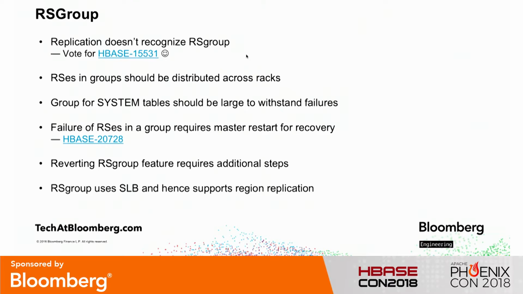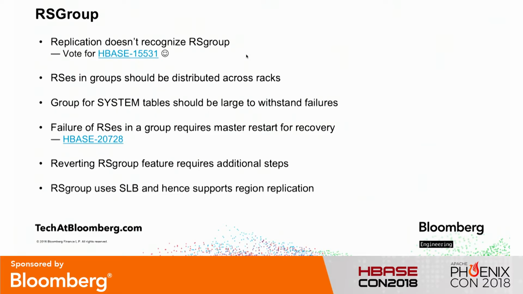One thing we noticed is if all the region servers in a region server group go down, and even if they come back up, the tables don't become available. For some reason, the master data is not getting reset, so you need to restart the HBase master.